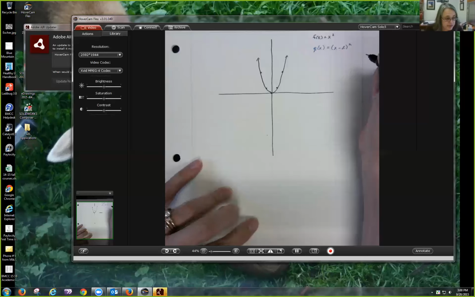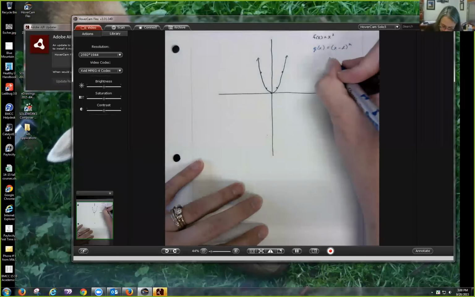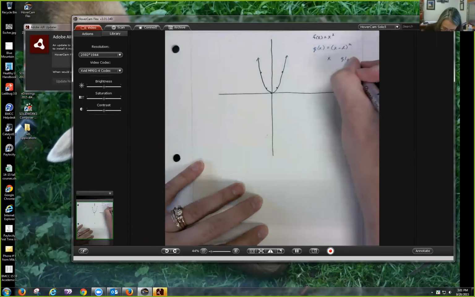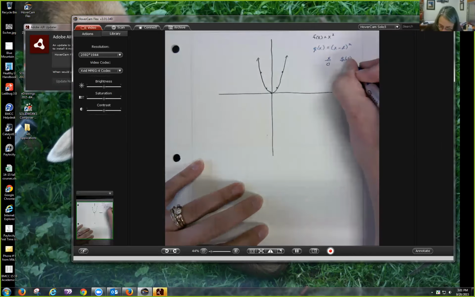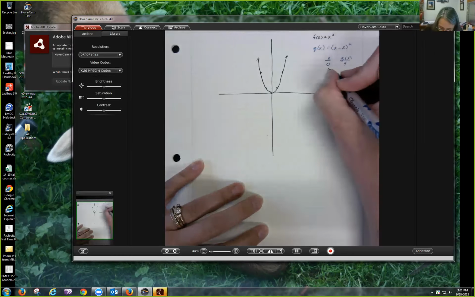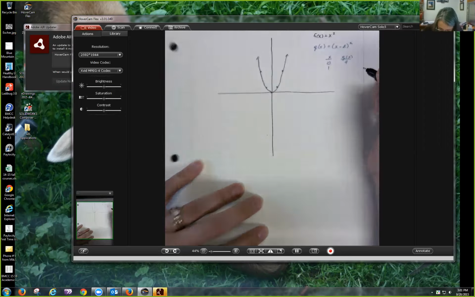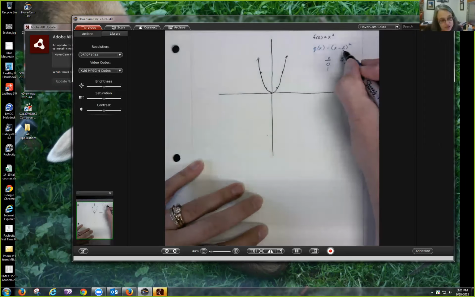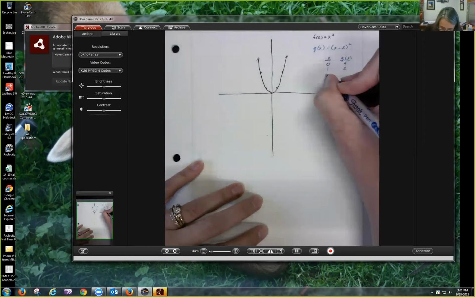Let's just make ourselves a table. So x, g of x. If x is 0, g of x is going to be 0 minus 2 is negative 2 squared is 4. If x is 1, 1 minus 2 is negative 1 squared is 1.